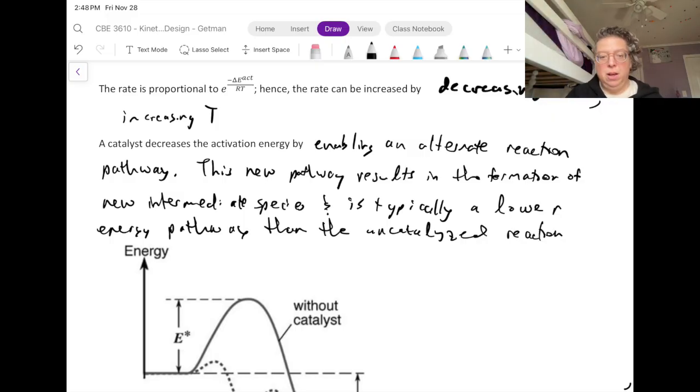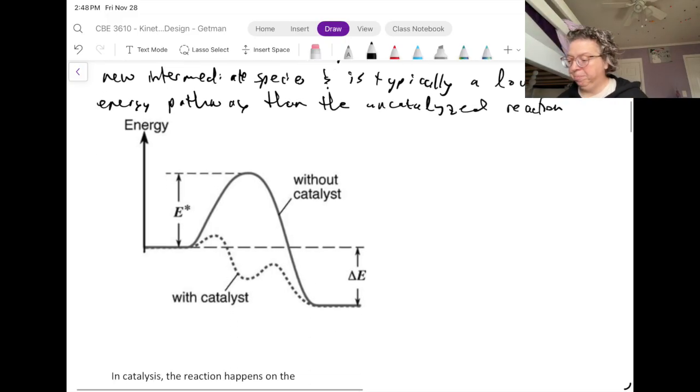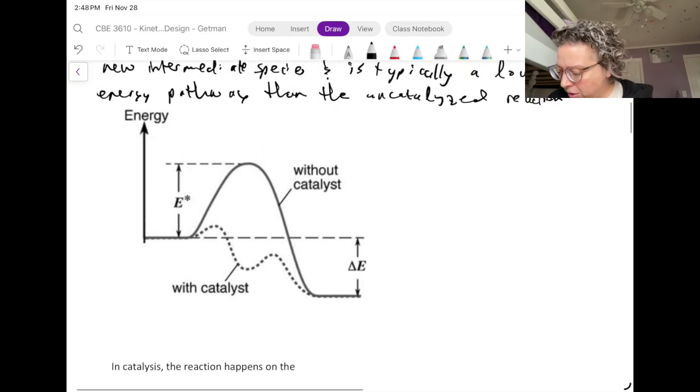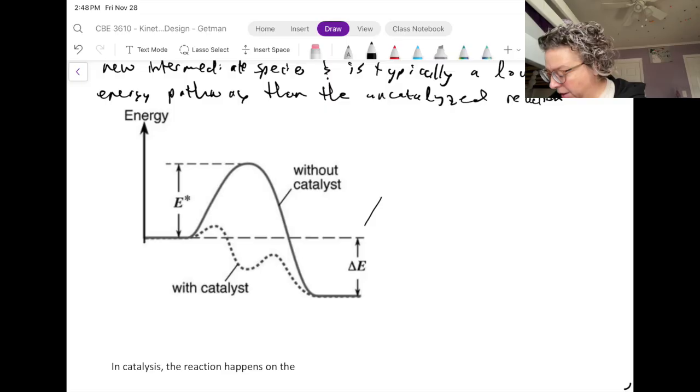For example, here we have an arbitrary sketch of this. We have our energy axis here, and on the x-axis different locations along the reaction pathway. In the absence of a catalyst, we have one activation barrier, and in the presence of the catalyst, we have two.